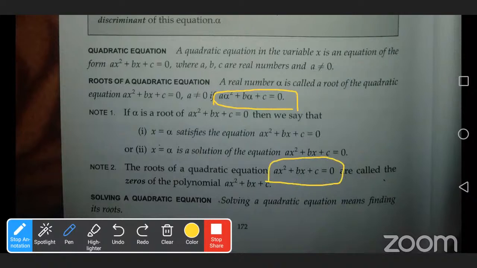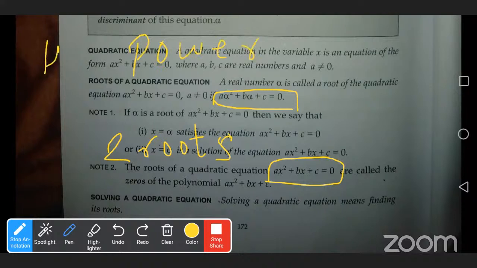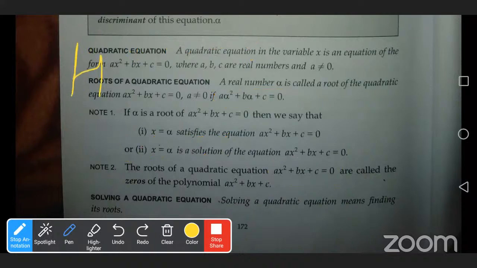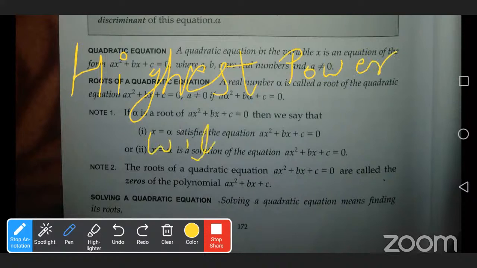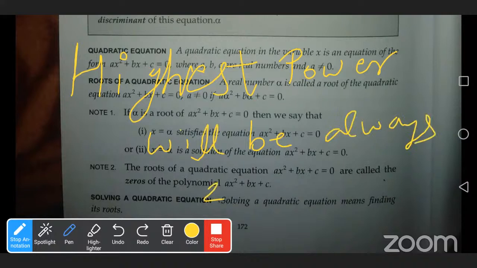Every quadratic equation has two roots, and the highest power in any quadratic equation will always be 2. The roots are 2 only, not more than 2.